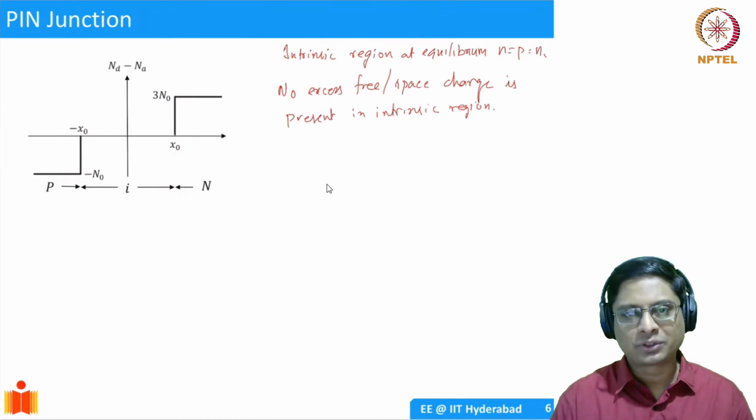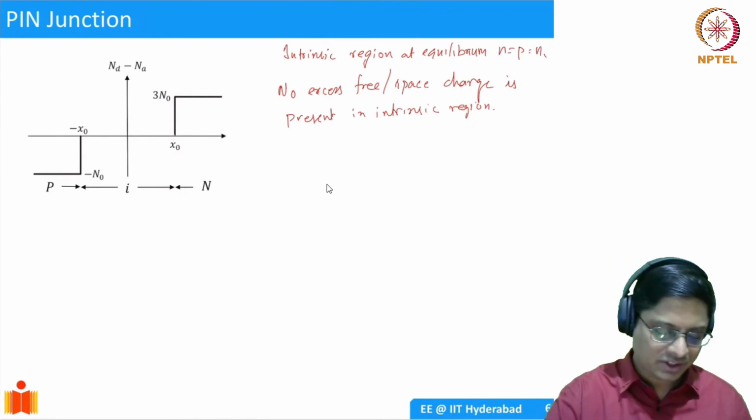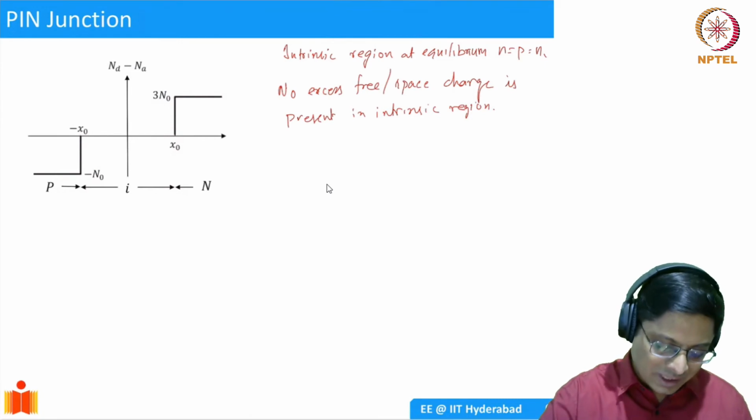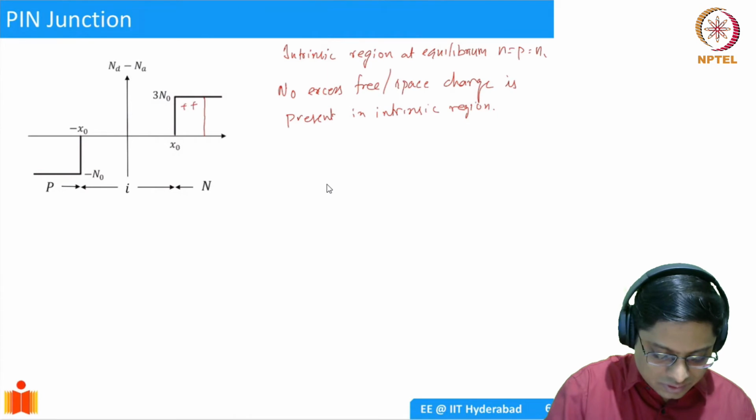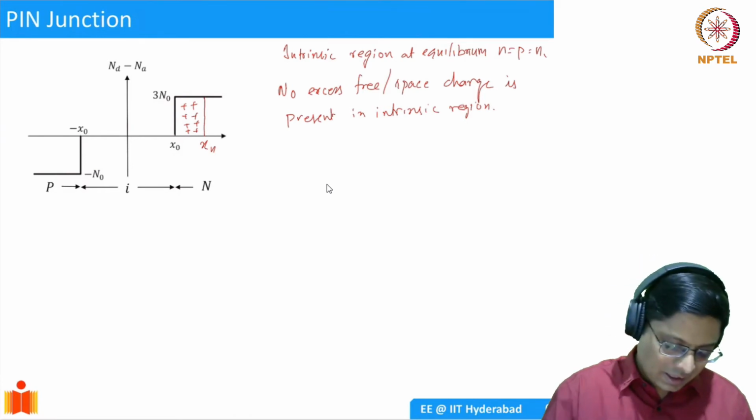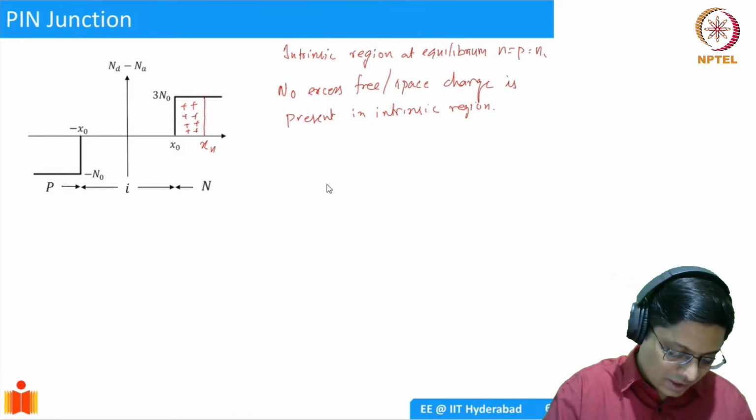So you'll have the same sort of physics, the same sort of space charge is created. And that's why you will have some space charge here, which is positive, and this will be your Xn. And on this side again, you will have minus Xp and negative charges.